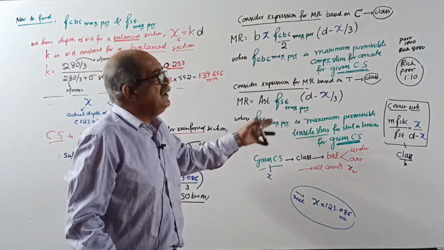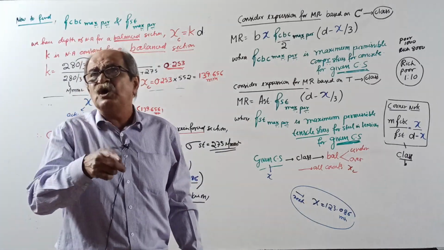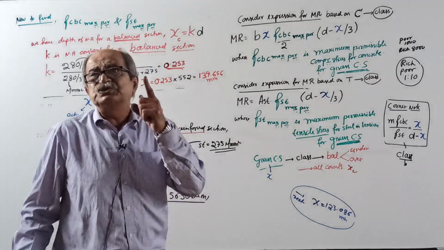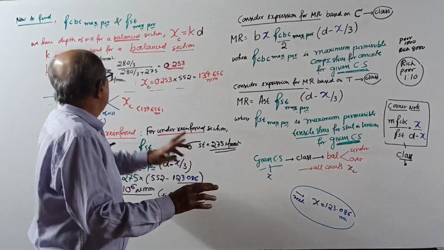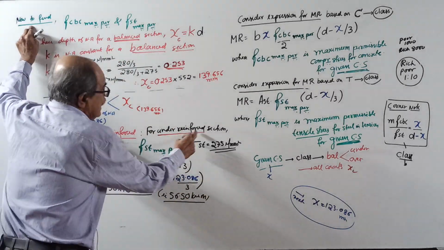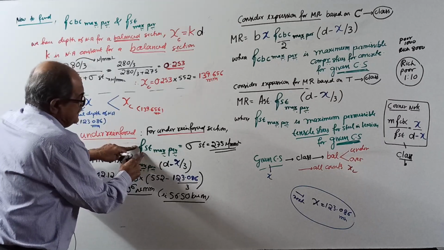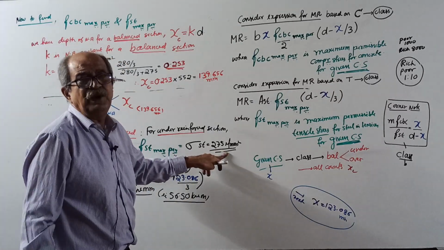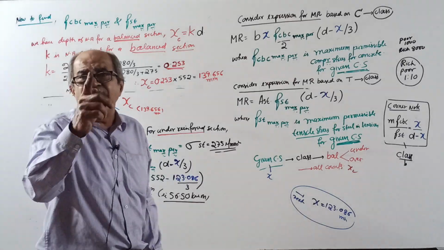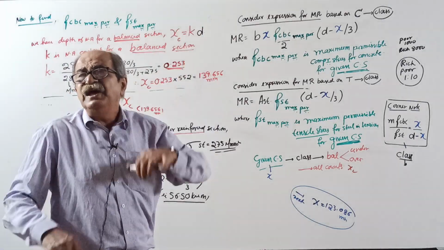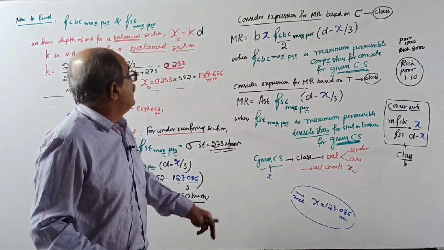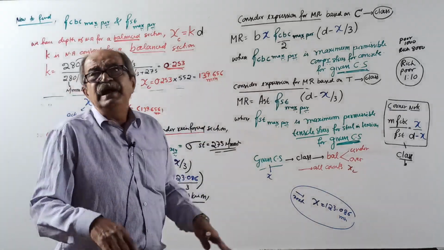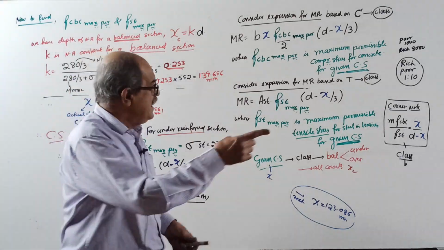But in an under reinforced section, weakness is on the tension side. First to reach critical will be steel. So the stress in steel will reach the critical value, sigma st 275. At that time, the stress in concrete will not reach 8.5, sigma CBC. It will be lesser.